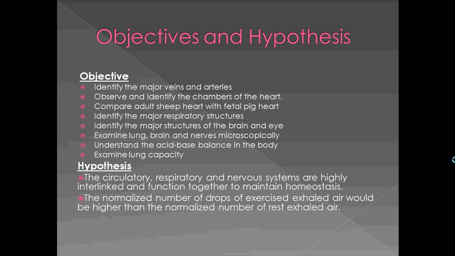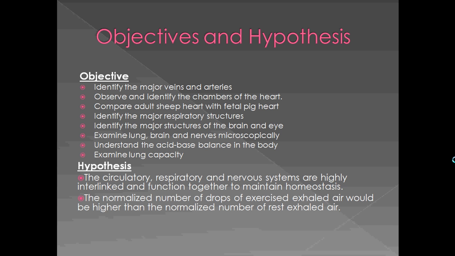The hypothesis was that the circulatory, respiratory, and nervous systems are highly interlinked and function together to maintain homeostasis. Also, that the normalized number of drops of exhaled air would be higher than the normal number of drops of inhaled air.